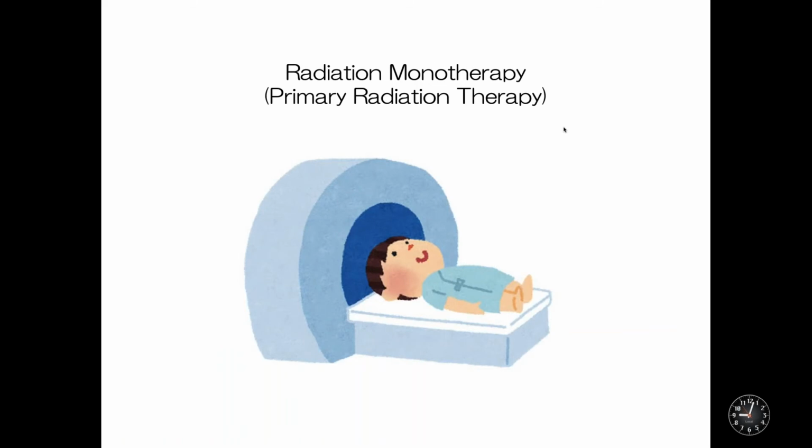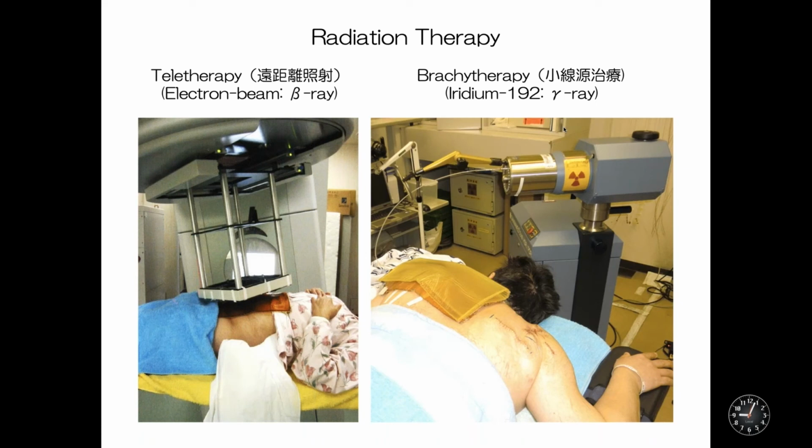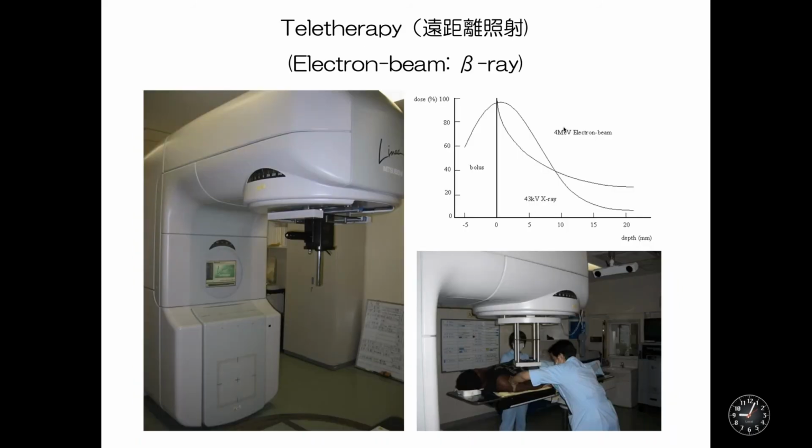I'd like to move on to talk about radiation monotherapy. This is a very strong modality to decrease inflammation of keloids. We have used mainly beta ray and electron beam, but sometimes brachytherapy with gamma ray.